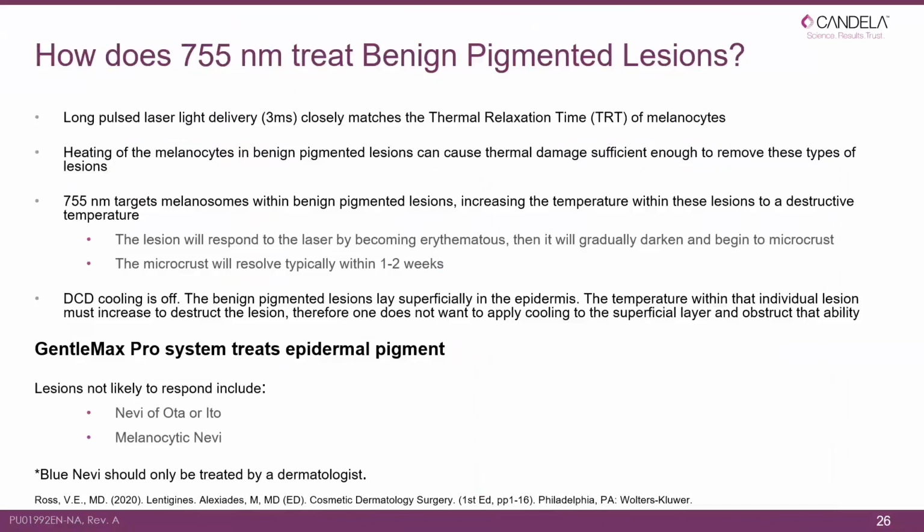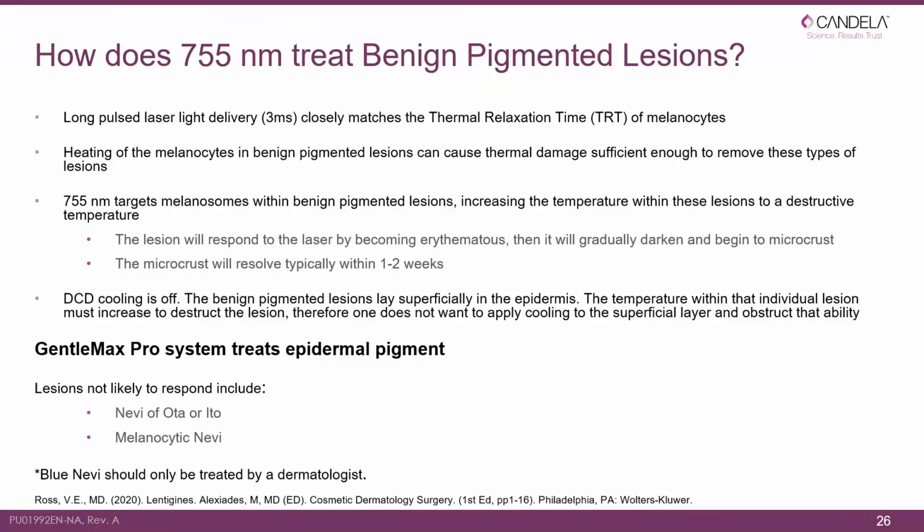So how does the Alexandrite, the 755, actually treat these pigmented lesions? We're using a long pulse, so 3 milliseconds, which very closely matches the thermal relaxation time of the melanocytes. So we heat up the melanocytes, which obviously then causes thermal damage, and this is enough to actually remove these types of lesions.